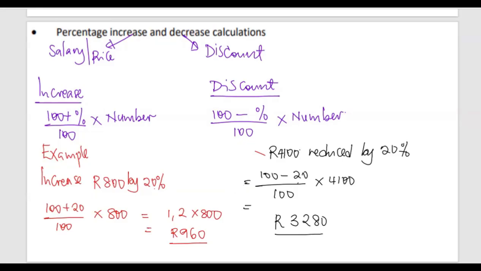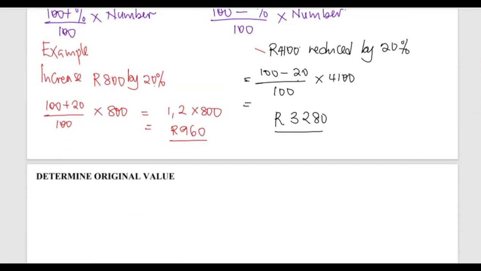All right, we shall look at determining the original value. This simply means going back to the value that was either decreased or increased. Now, listen to one thing.